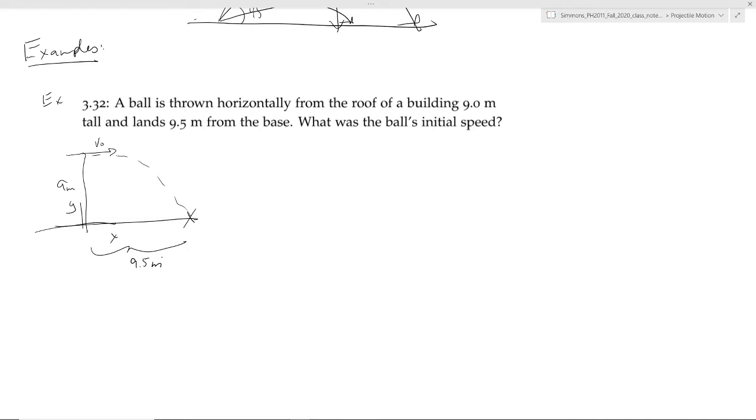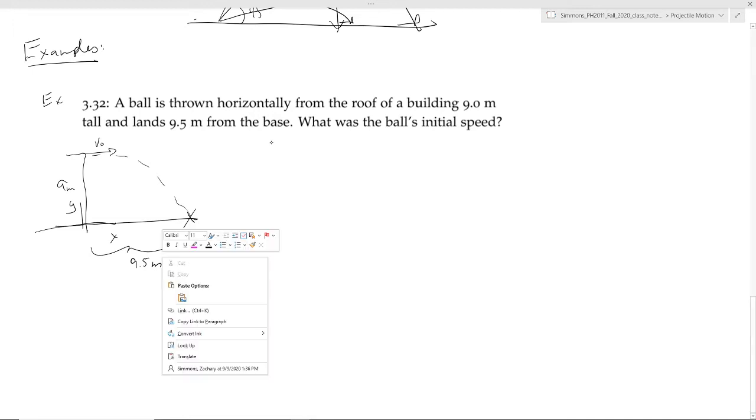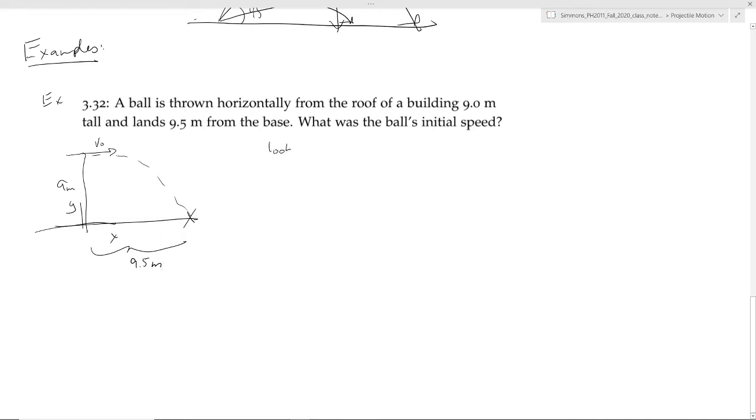So, okay, let's apply what we've been doing. If we look at y, we can get the time. So, what do we have going on in y? Notice, if we're throwing it horizontally, that's another way of saying that v naught in the y direction is 0.